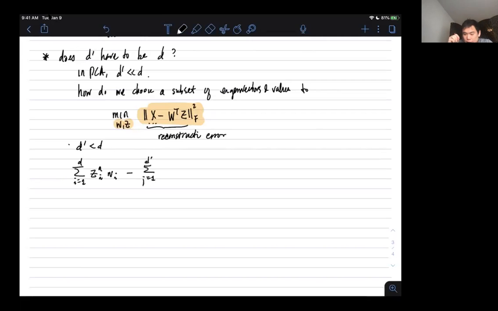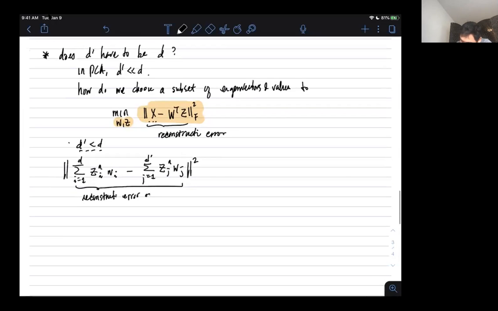D prime is the number of dimensions of the code vectors that we want, so that's going to be smaller than D. If you look at this term, what we are looking at currently is just one input, the reconstruction error of x_n, only the nth input.